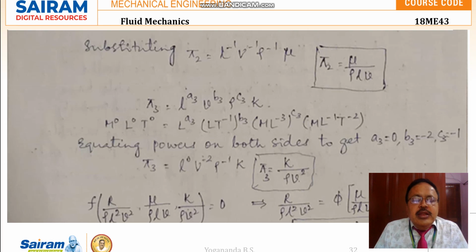Similarly the third term pi 3 will be taken, substituting the powers on both sides to get A3, B3, C3. So f of pi 1, pi 2, pi 3 is 0, and the equation is obtained. R is a function of the other independent variables like this. Thank you.